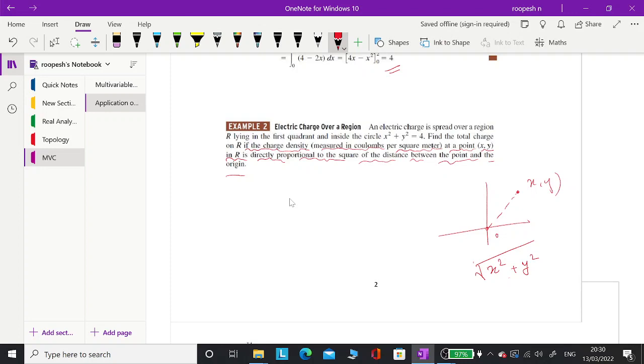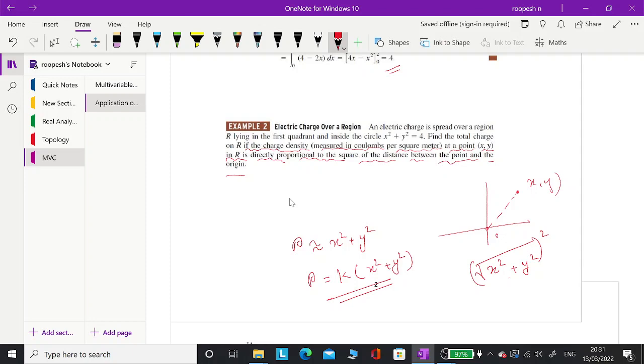So the square of the distance is x squared plus y squared, and rho equals some k times (x squared plus y squared). Now you have the density function.